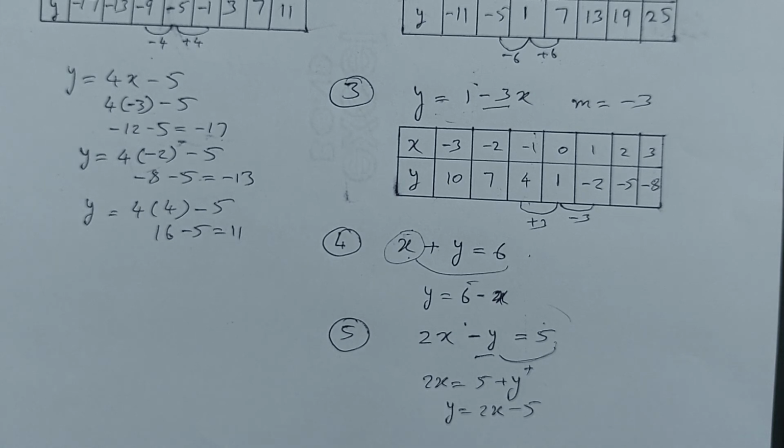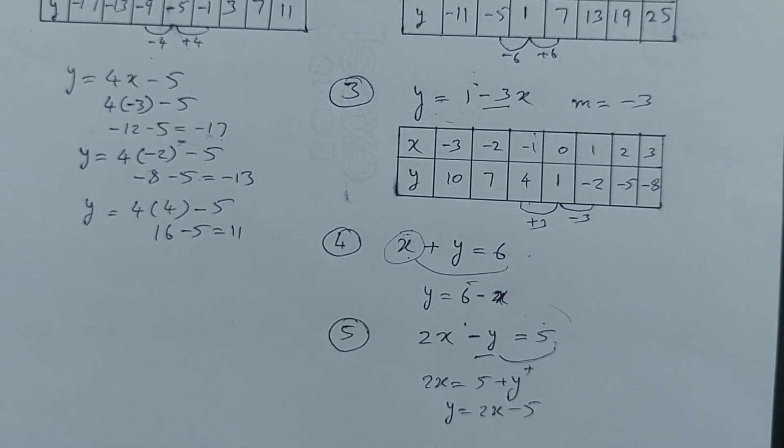Now your gradient is 2, which is positive. The y-intercept is negative, so in place of 0, my minus 5 will go. You add towards the positive side, like plus 2, and on the negative side you minus it. It's a gap of 2, a sequence of 2 basically. See, it goes in the sequence format of whatever the gradient is.